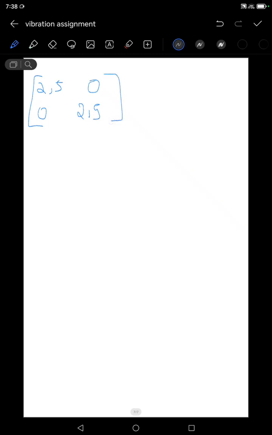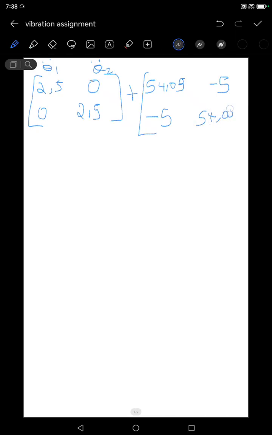Like this, and then plus, remember, here is going to be theta 1, theta 2 double dot. Plus the stiffness, we're going to have 54.05, and then here we're going to have -5, also here -5, and then here 54.05.